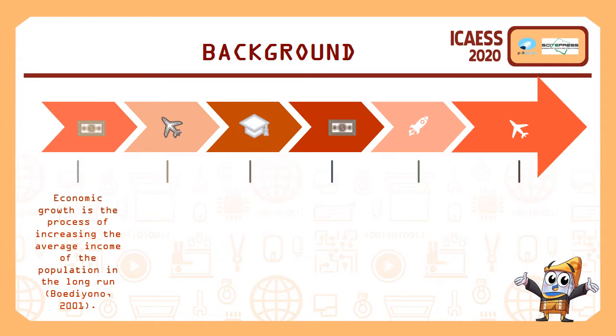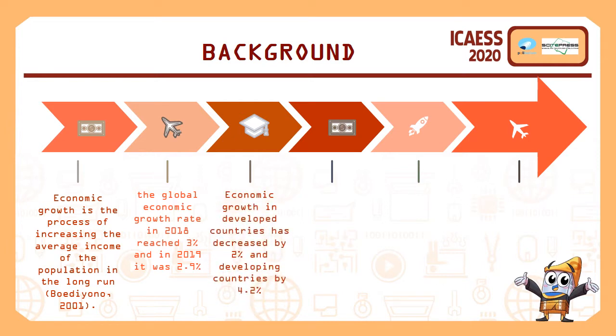Budiono 2001. The global economic growth rate in 2018 reached 3%, and in 2019 it was 2.9%. Economic growth in developed countries has decreased by 2% and developing countries by 4.2%.